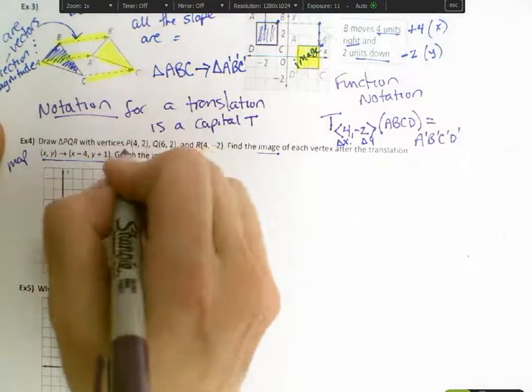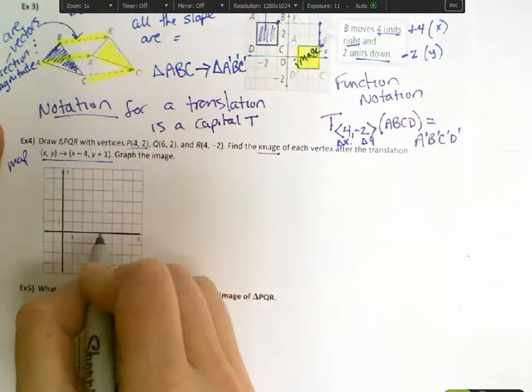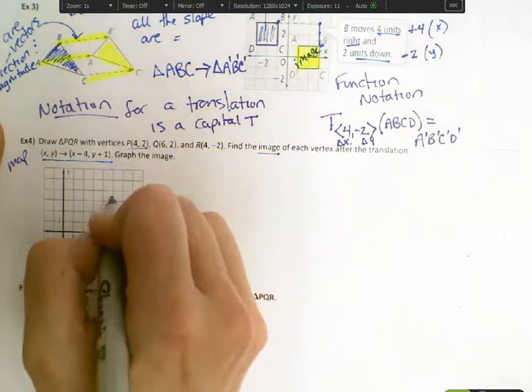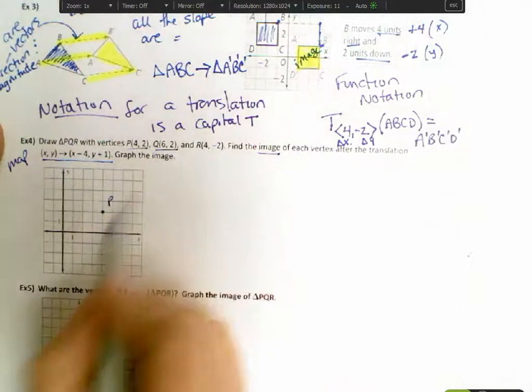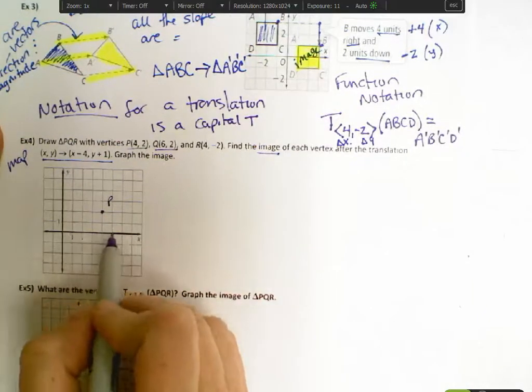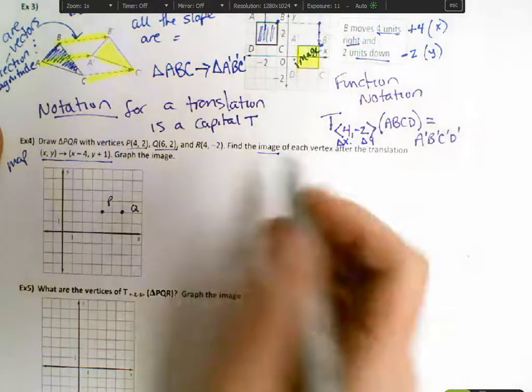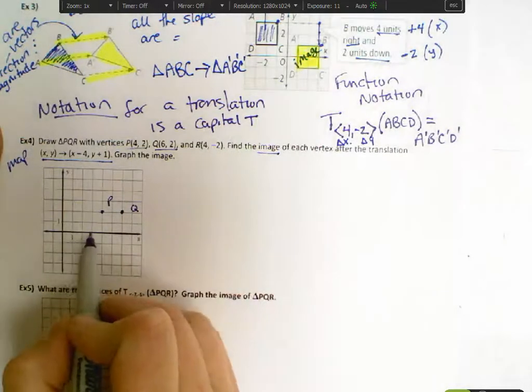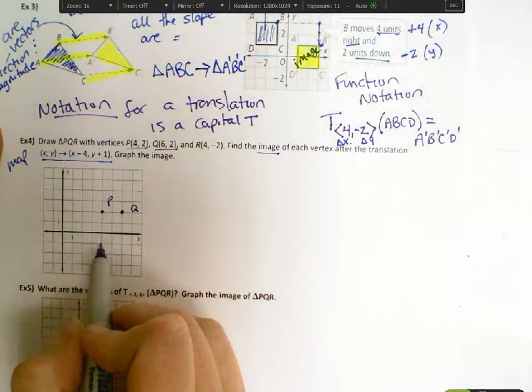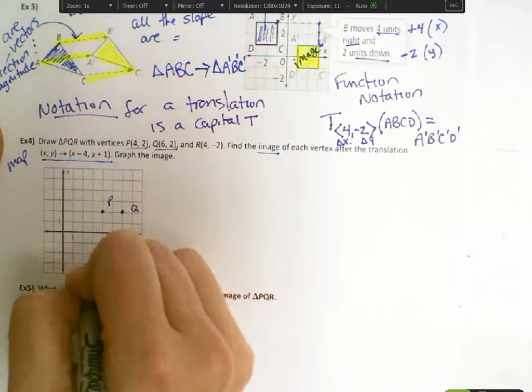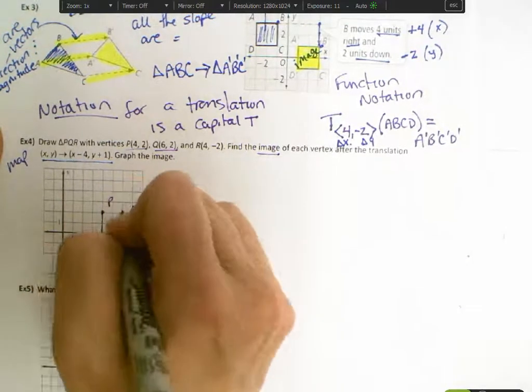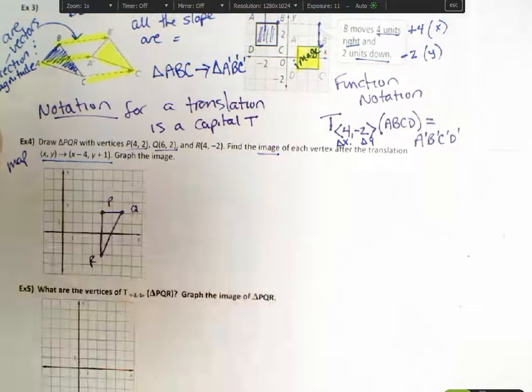So we've got P at 4, 2. 1, 2, 3, 4, 1, 2. That's P. We've got Q at 6, 2. 1, 2, 3, 4, 5, 6, 2. That's Q. And I've got R at 1, 2, 3, 4, -2. R. That is my original pre-image triangle PQR.